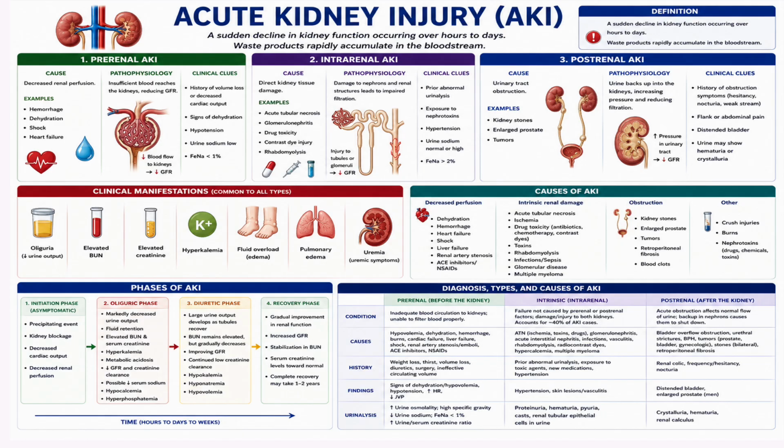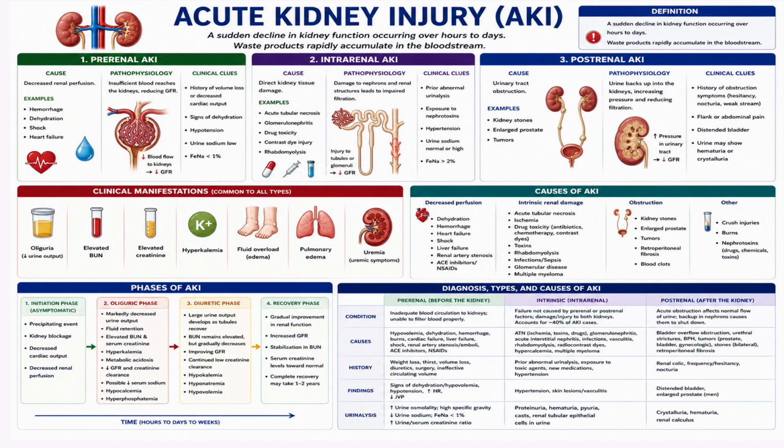So you're not getting enough volume. The problem is before it even gets to the kidney. It could be because of dehydration. Maybe the patient was in a motor vehicle accident and is bleeding out, so hemorrhaging. It can be caused by shock, sepsis, or heart failure. So now you don't have enough volume, and the kidneys are not getting perfused.